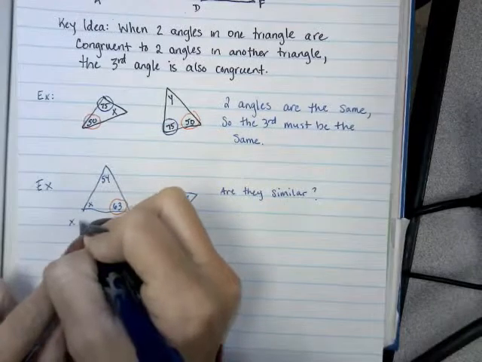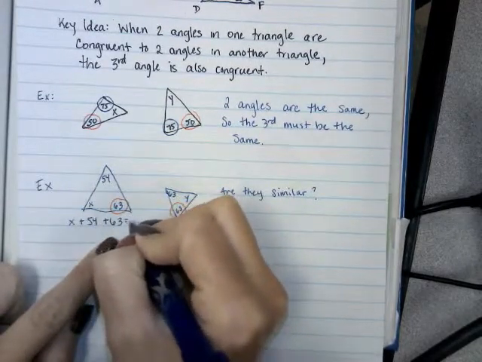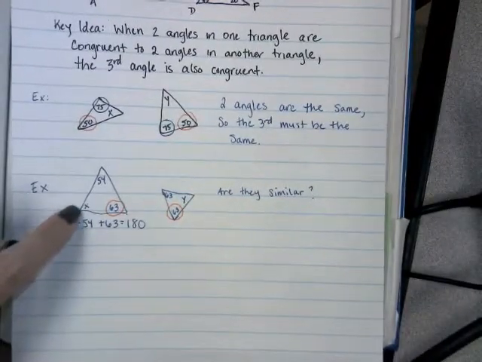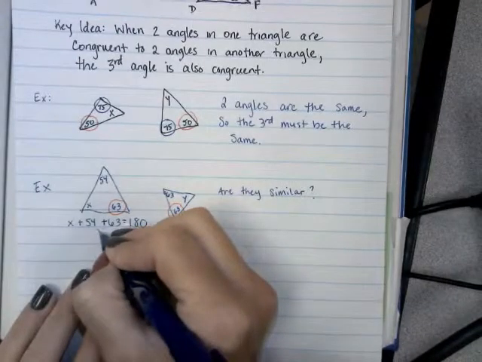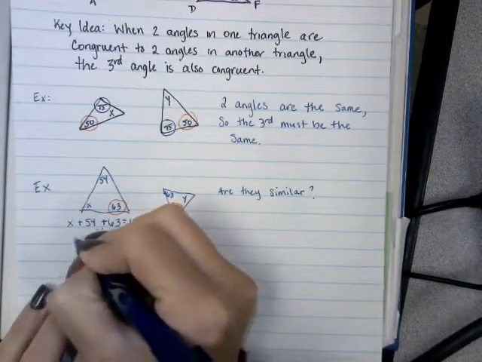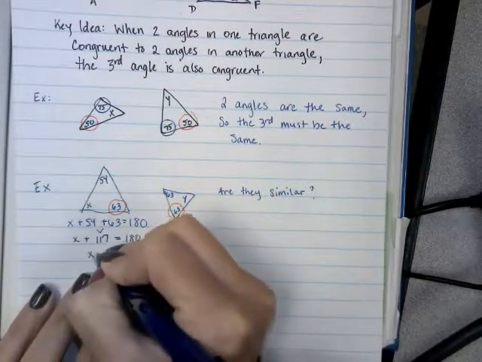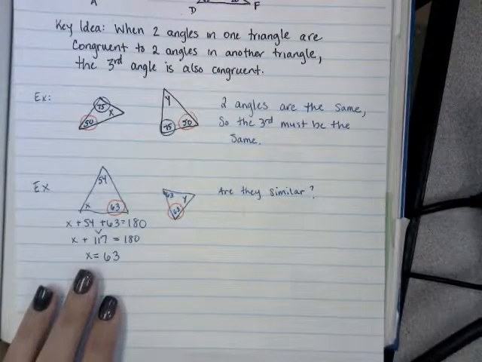X plus 54 plus 63 equals 180. That will tell me the one thing that this could be to complete the triangle. X plus 117 equals 180. So in this case, X must be 63.